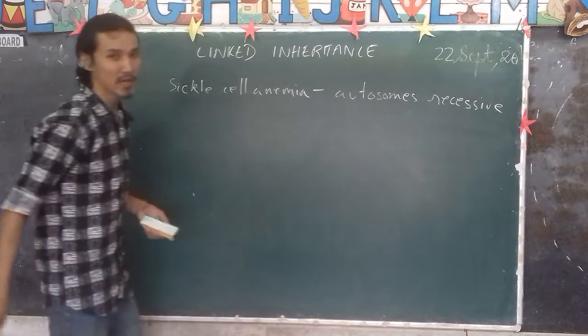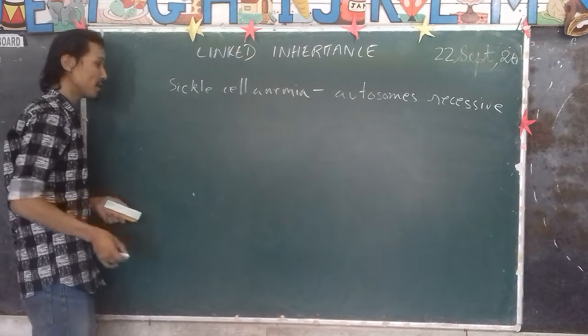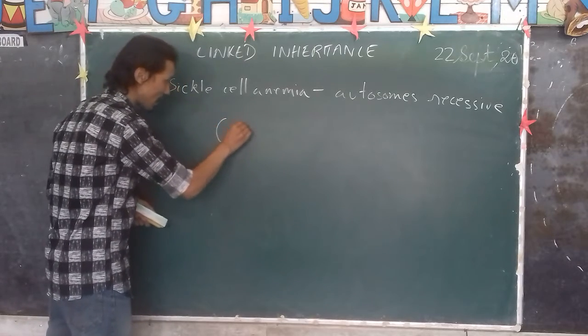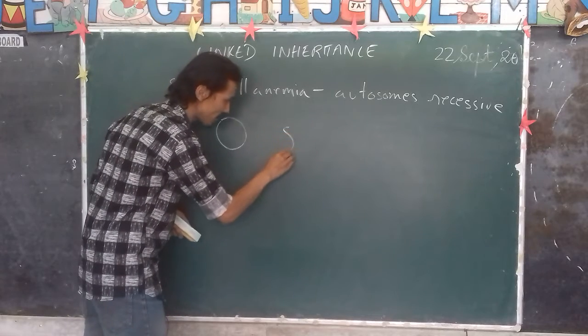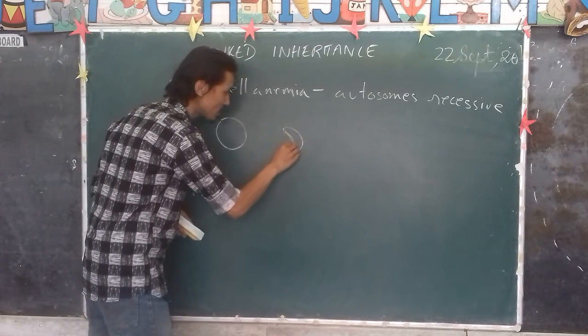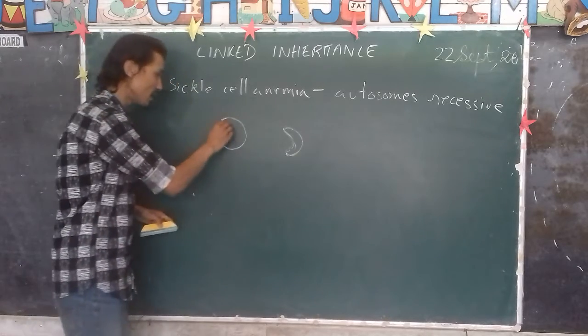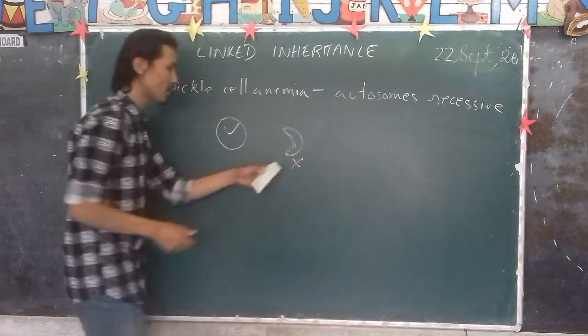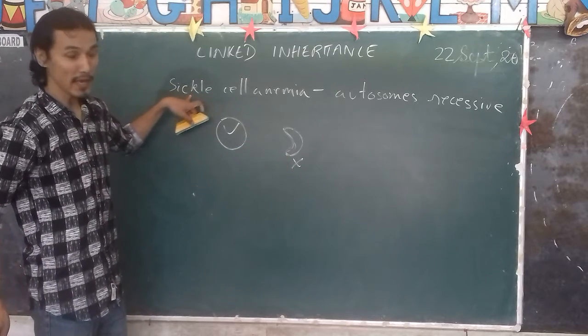In sickle cell anemia, the individual has autosomes which are recessive for the sickle cell condition, and the RBCs are not normally shaped, but rather they end up sickle shaped. This is the normal RBC. This is the condition when an individual is suffering from sickle cell anemia.